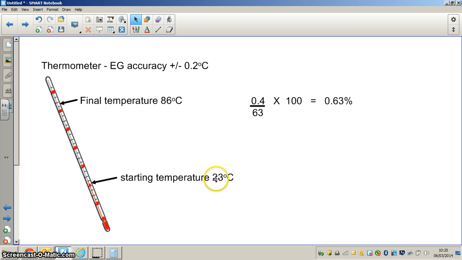So we started at 23, we finished at 86, so the difference in temperature between those two readings is 63 degrees. So what we need to do is to express 0.4 divided by 63 as a percentage, so we multiply it by 100, and we find that the thermometer creates a percentage error in the experiment of 0.63%.